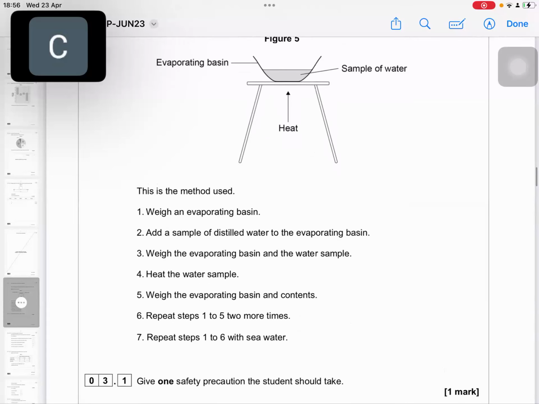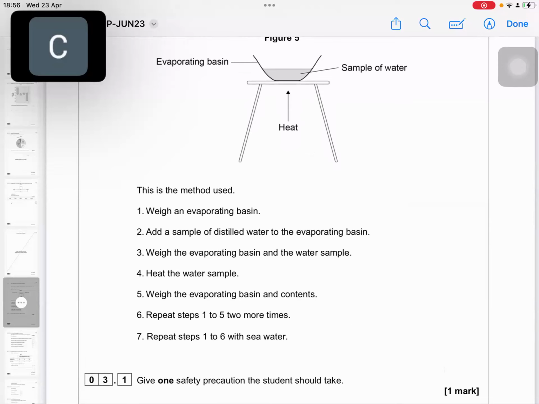Okay. So this is dealing with, what's it called? Sample of water being heated, evaporating basin. Okay, this is the method used for this. It looks like an experiment.